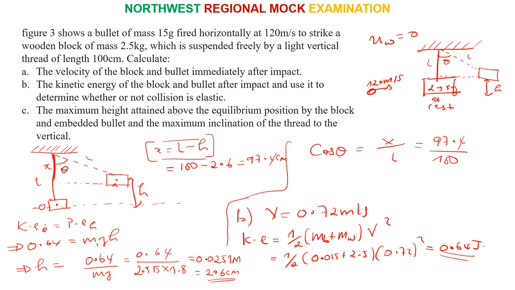And so theta will be equal to cosine inverse of 0.974. Okay.